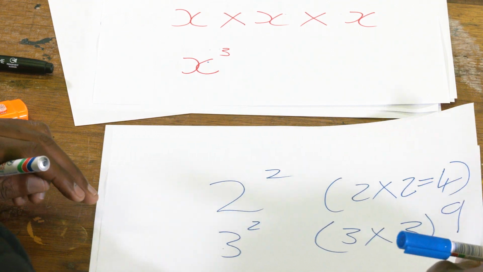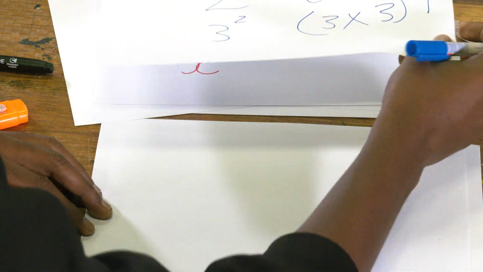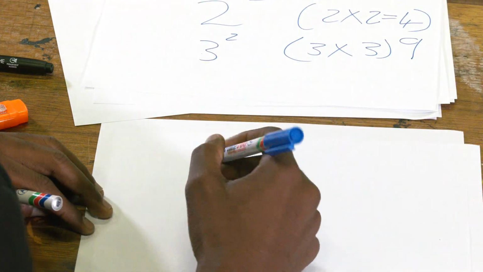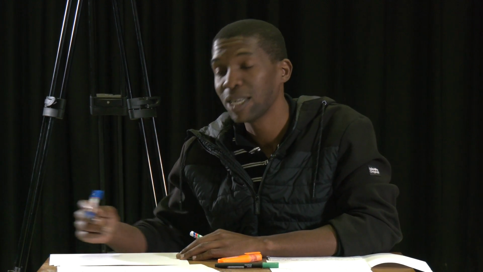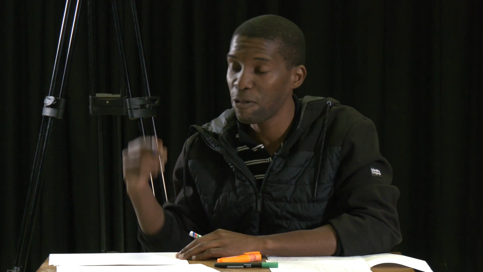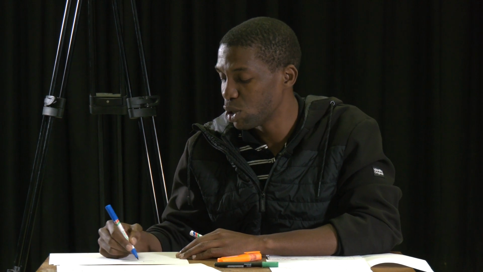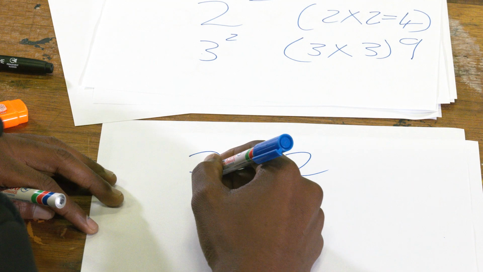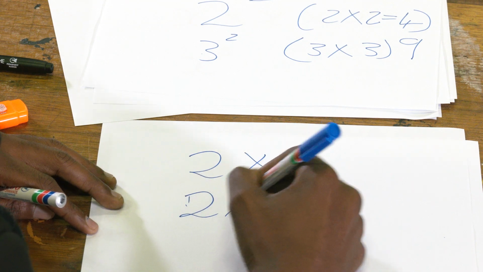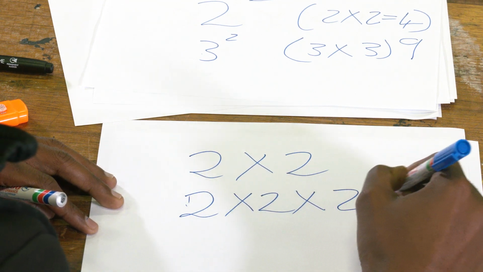And then also learn the cubed part of it. So cube means you're multiplying the number by itself 3 times. Squared means multiplied by itself twice. So squared would be 2 times 2. You multiply the same number by itself twice. Cubed means you're multiplying the same number by itself 3 times.